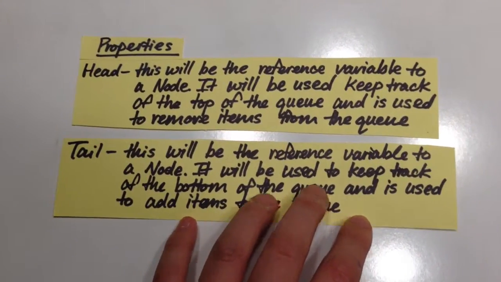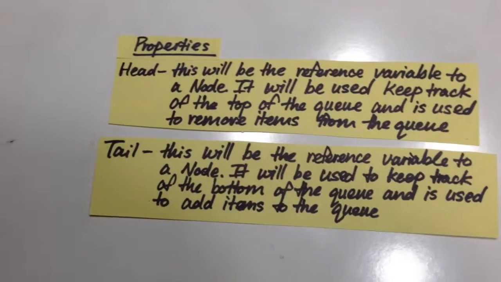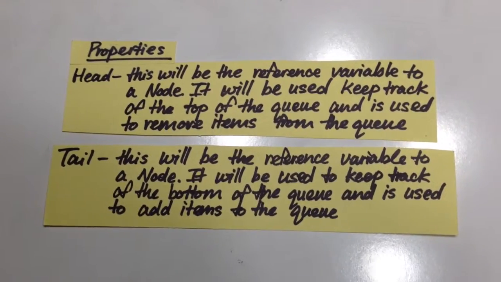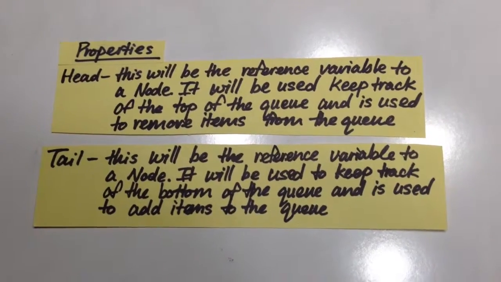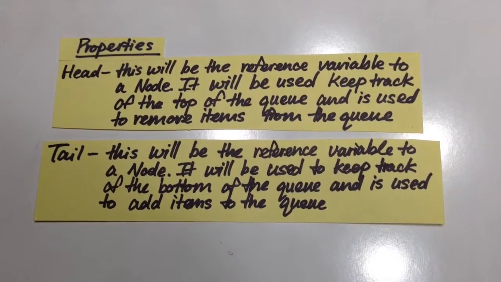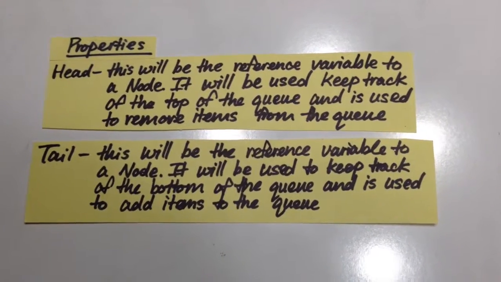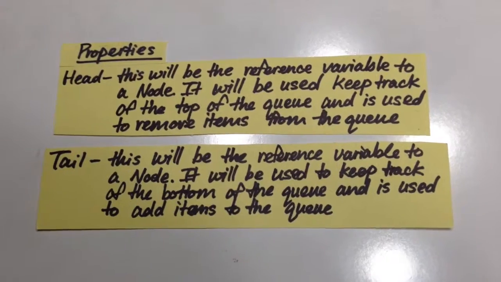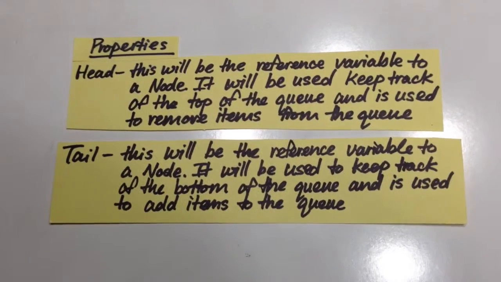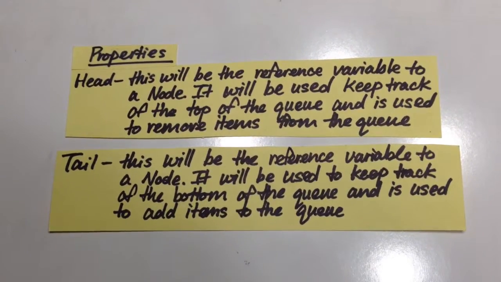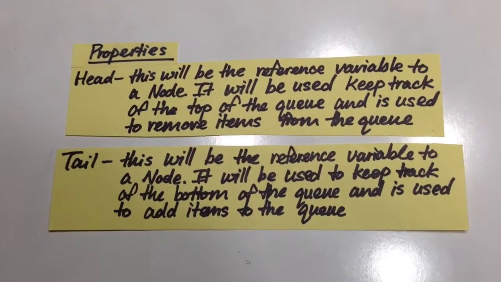So I'm going to be implementing head and tail. These are reference variables to a node. Since items are removed from the head of the queue, the head will be used to remove items from the queue.